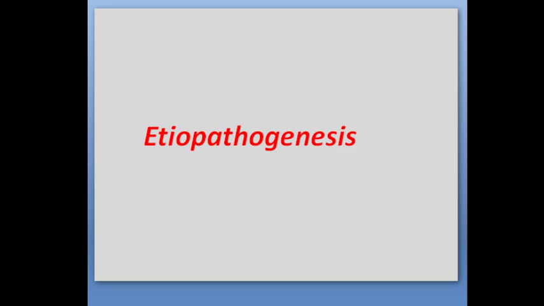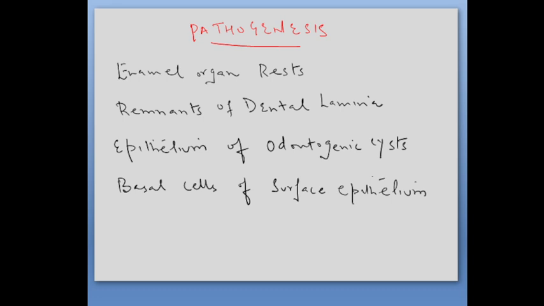Etio-pathogenesis of ameloblastoma. The epithelial component of developing tooth germ is believed to be the source of origin of ameloblastoma. At present, we believe that ameloblastoma arises from enamel organ rests.